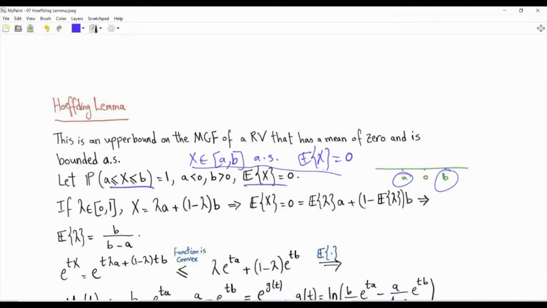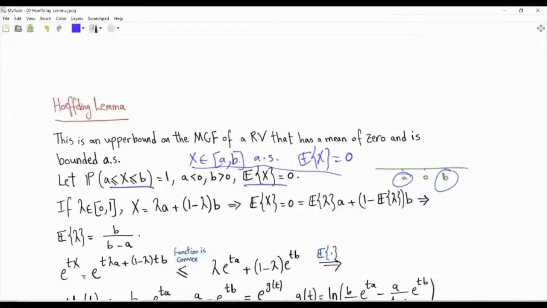For the moment generating function itself, we need to know what distribution we are talking about. So what we will do is that for all those random variables, regardless of their distribution, we will have a nice upper bound on the moment generating function. This will be useful later when we talk about the Chernoff bound.